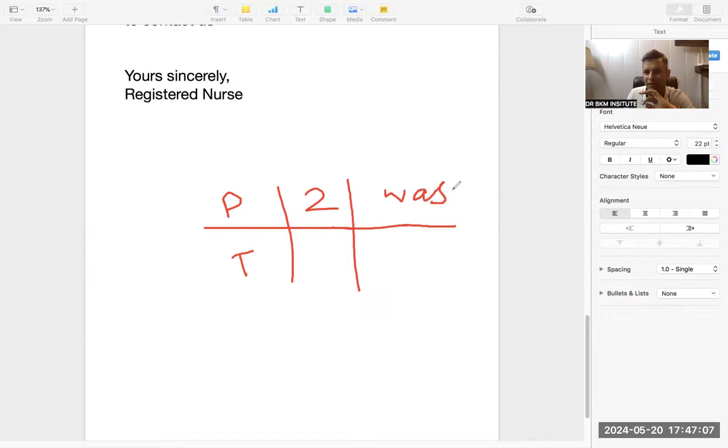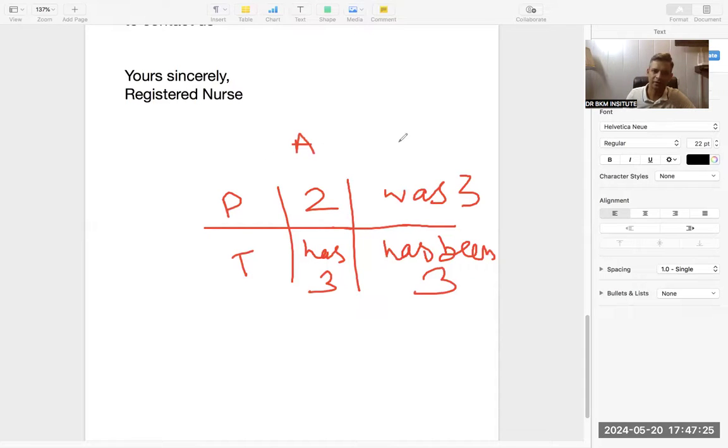Today visit active, has plus third form, and today visit passive, has been plus third form. Everybody will write this. This is active. This is passive. This is to attempt.